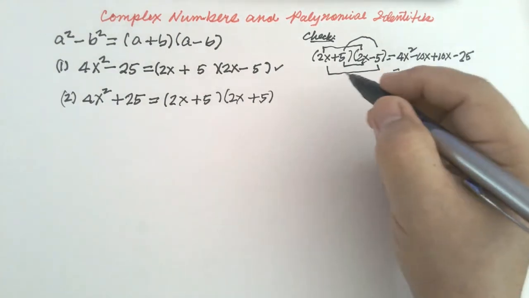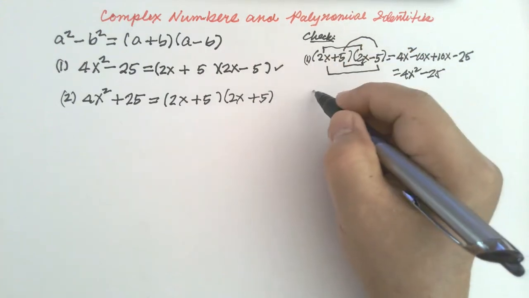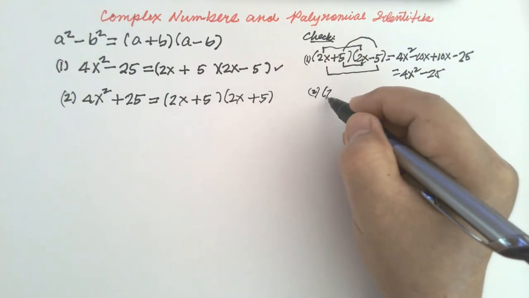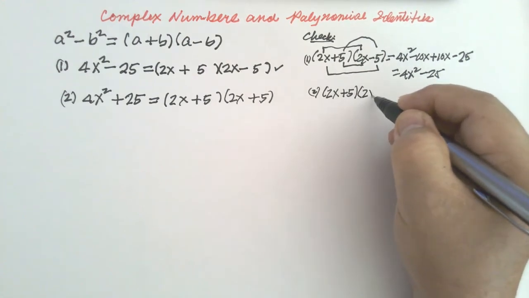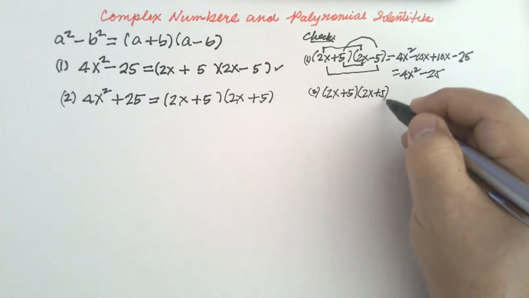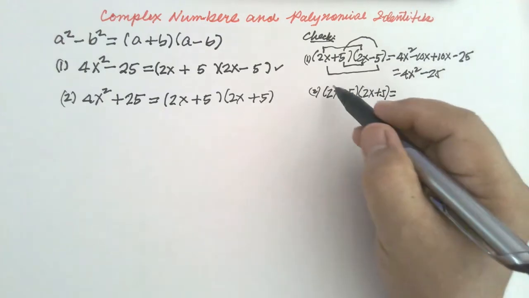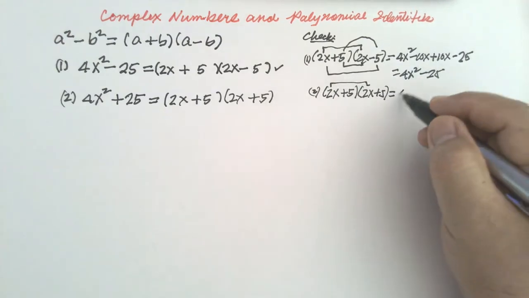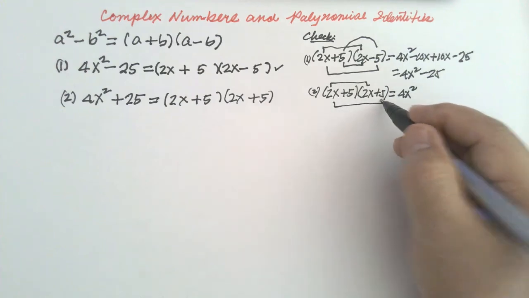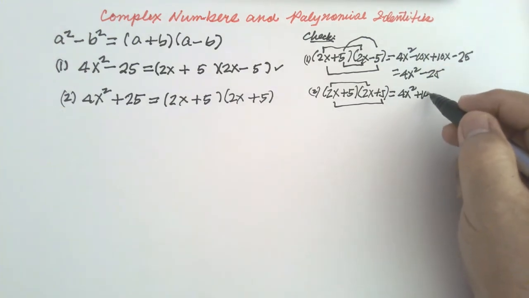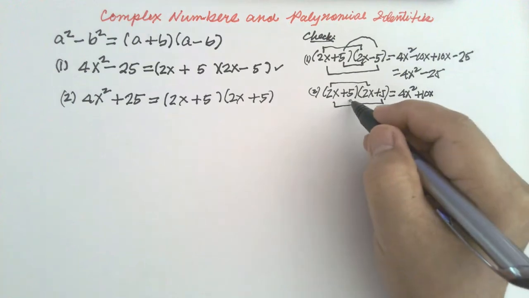Let us check. 2x plus 5 times 2x plus 5. First term times first term, 4x squared. Outside terms plus 10x.